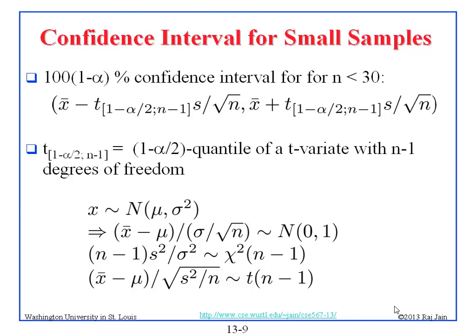So in chapter 29, page 497, there is something called Student's t distribution. That is where it describes what t distribution is all about, and it shows that t distribution is the ratio of normal to square root of chi-square and so on.